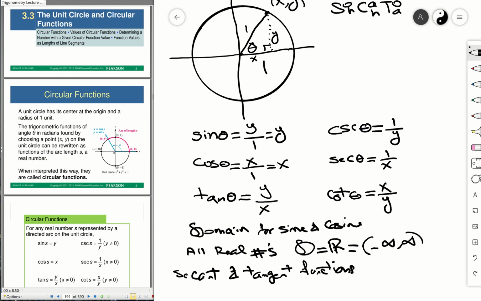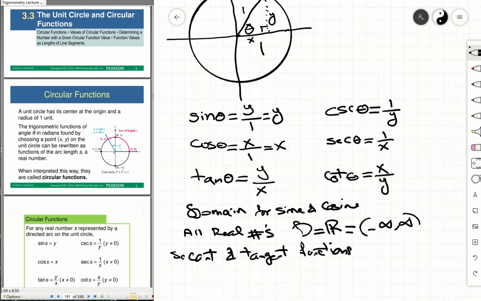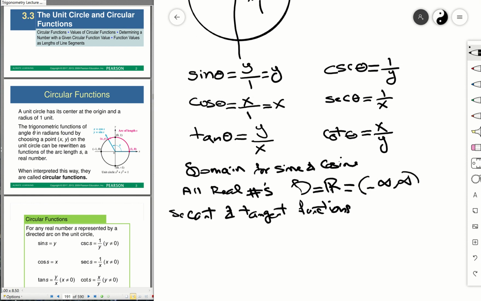So, or you can go this way and you get negative pi over 2, negative 3 pi over 2, negative 5 pi over 2. So basically we don't want any odd multiples of pi over 2. So we restrict the domain for these 2 functions in this way.